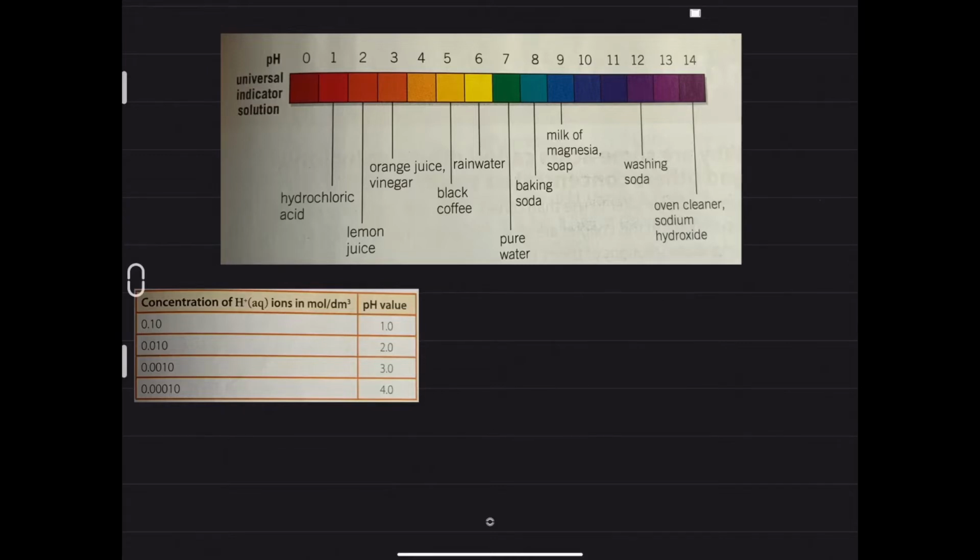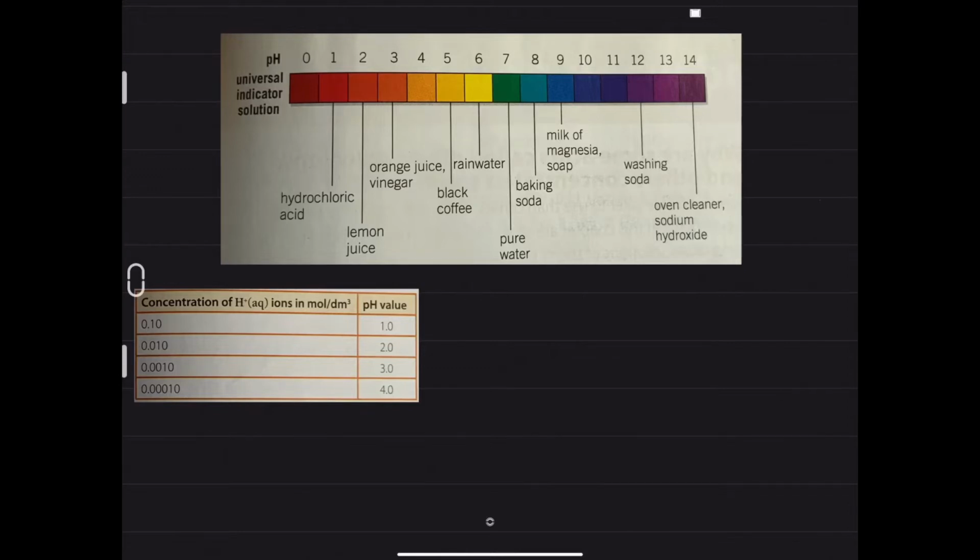You may be asked in an examination question to fill in a table suggesting a possible product for a particular pH value or color. So it's important that you know a corresponding, let's say, substance for a pH value and universal indicator solution. This shouldn't be new to you.